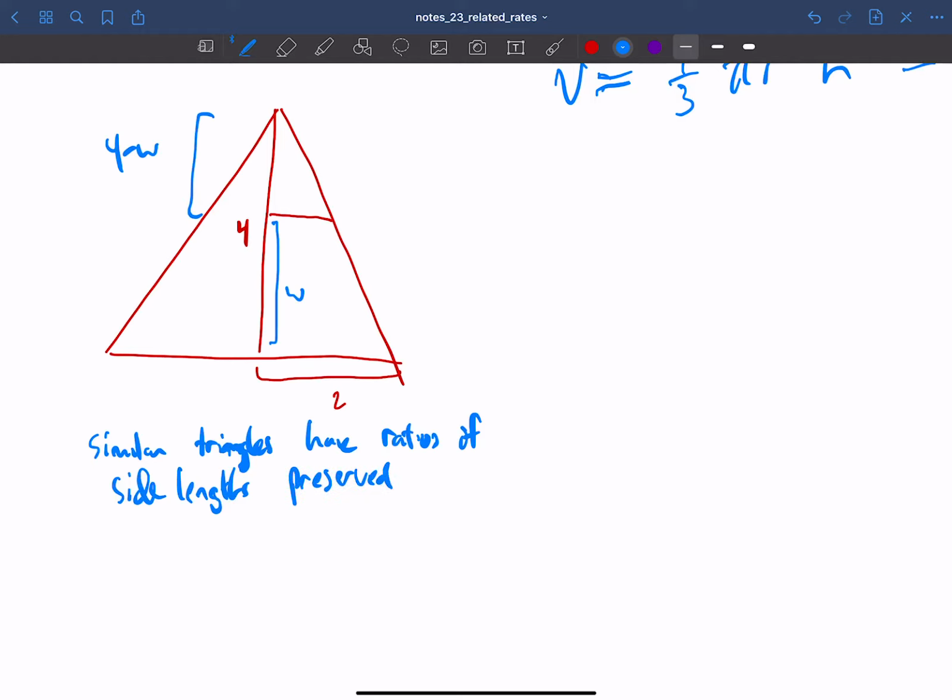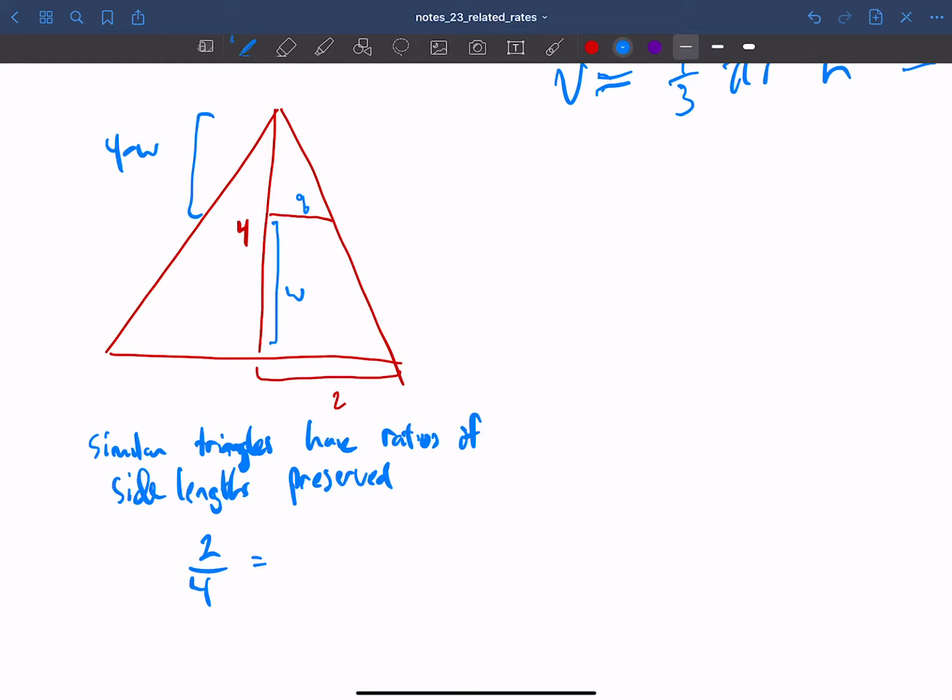So I could write that 2/4 is equal to, so 2/4 is this one to this one. So then we're going to be talking about that one to that one. That one to that one. So how about we name this right here? Let's just name it some little placeholder name for now.